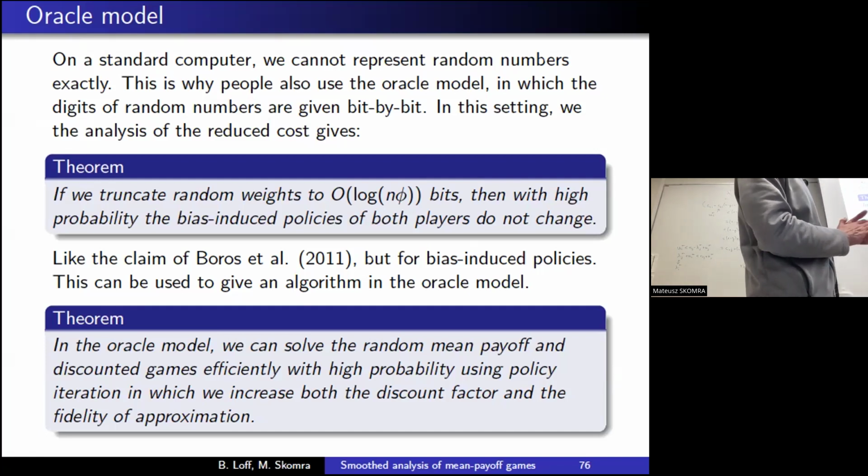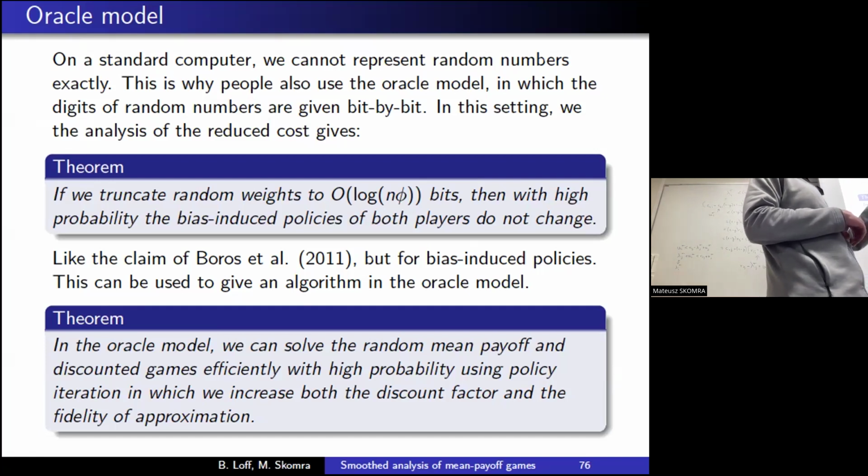Okay, and how do you solve it? Well, assuming we do some kind of similar things to what Boros et al. did, we say, okay, if we truncate the random weights to log n bits, then with high probability the Blackwell optimal policies will not change, because again the beta will still be large.